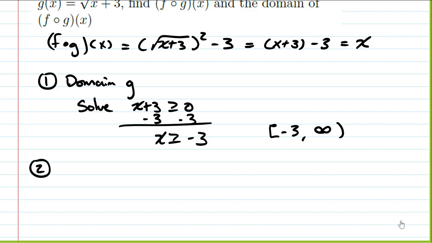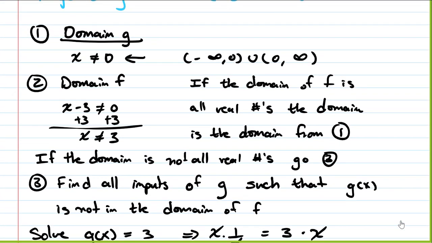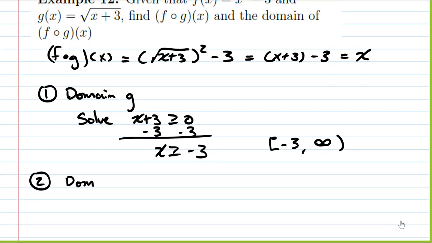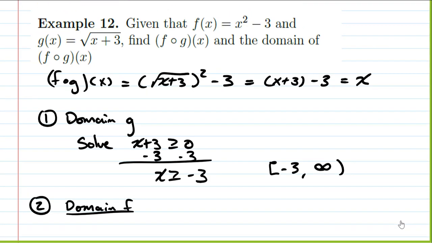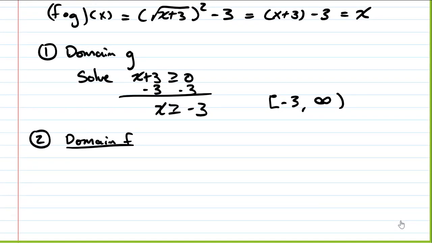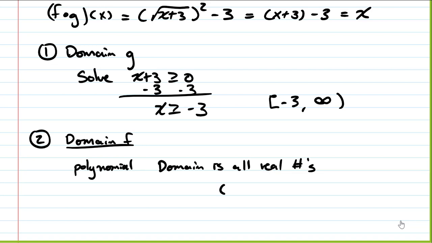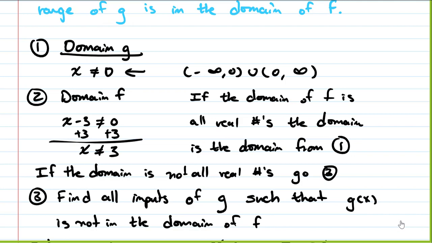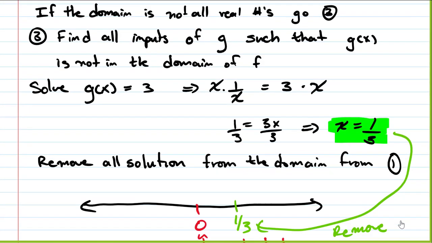Step 2 said we need to find the domain of f. Well, the domain of f is going to be all real numbers because f is a polynomial. So we get from negative infinity to infinity. We had a clause when we did step 2 that said, if the domain of f is all real numbers, the domain is just the domain we found from step 1.